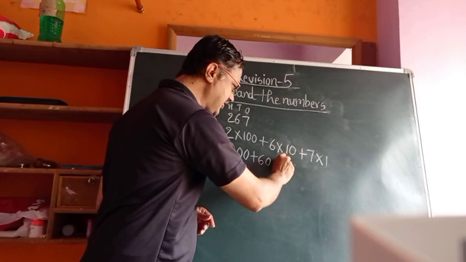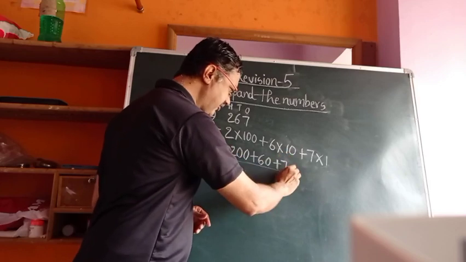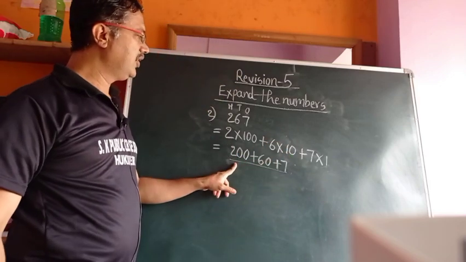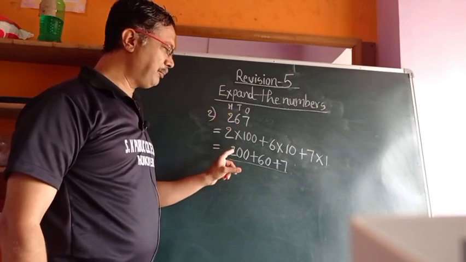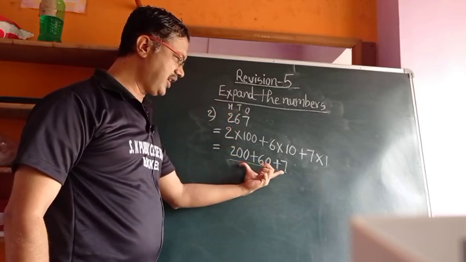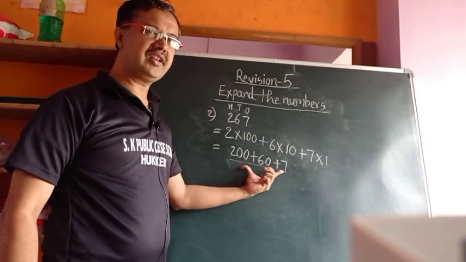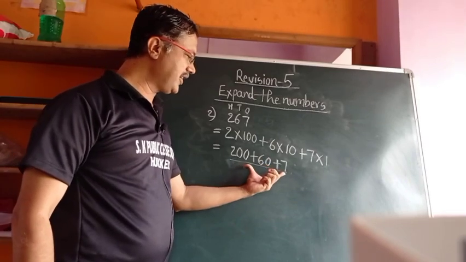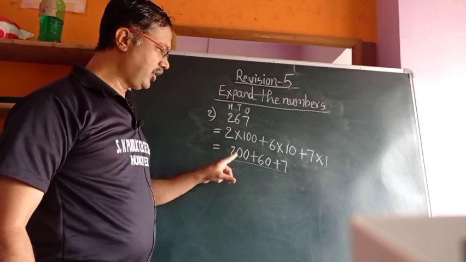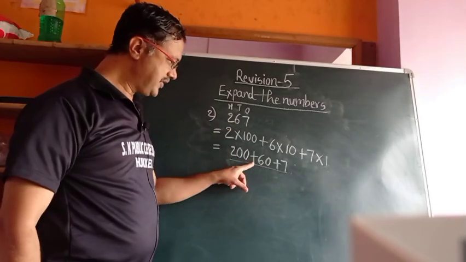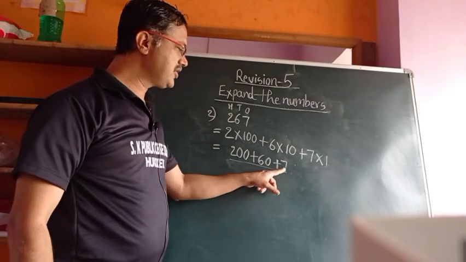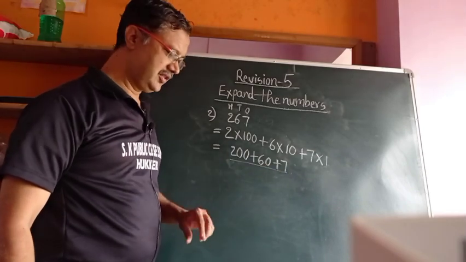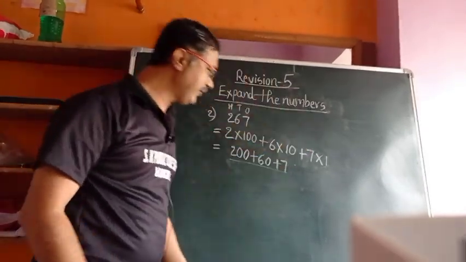This is the final answer. When you expand any numbers, you have to write it like this. You have to write the answer like this: 200 plus 60 plus 7. This is the method.